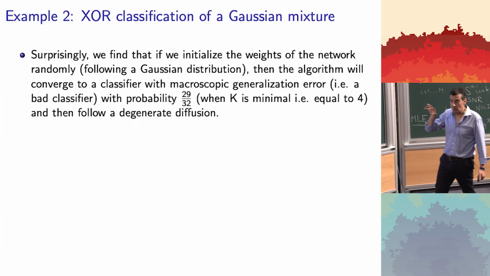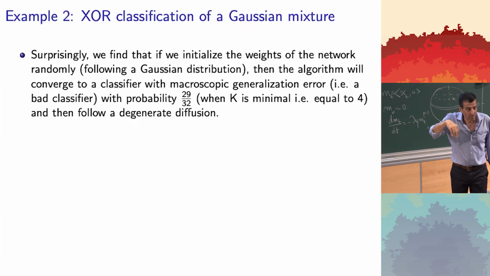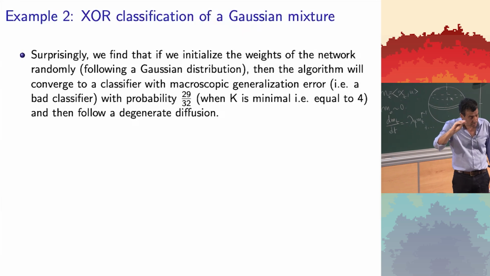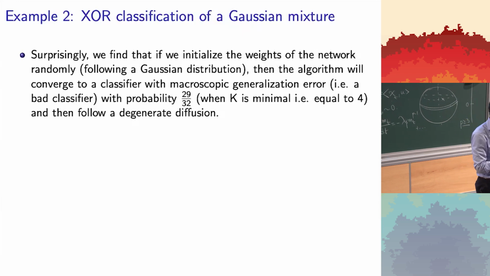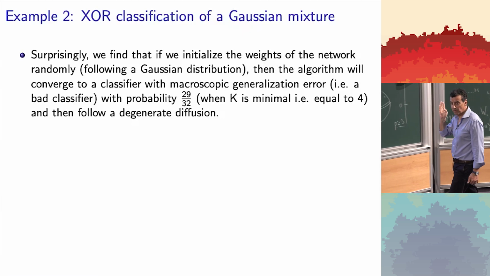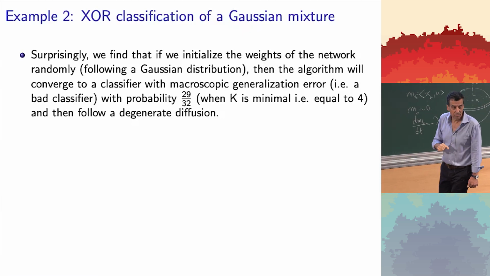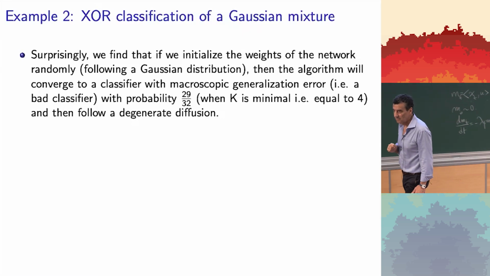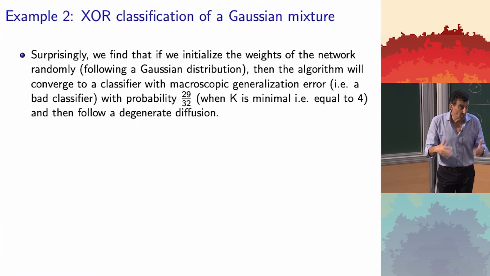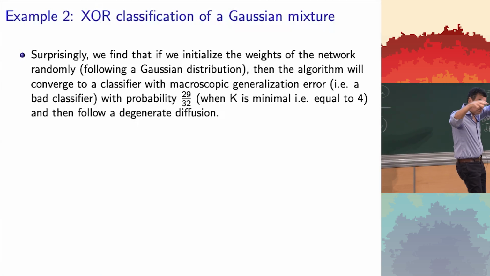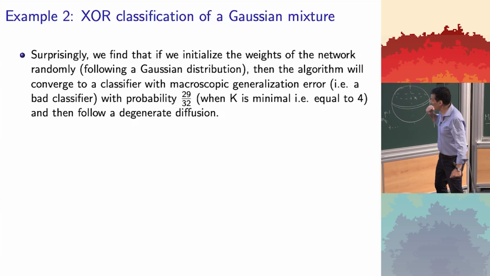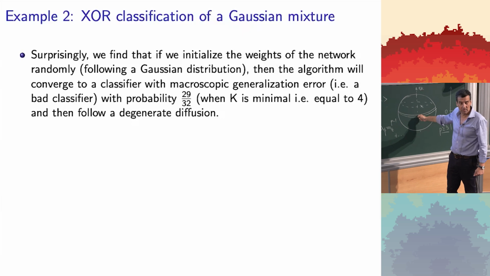And then it will follow a degenerate diffusion, it will just wander around and do nothing good for a long time. Of course, if you wait long enough, it might escape this thing. Okay? Which means that the system works with probability 3 out of 32. Because of this complexity of the limiting dynamical system. So what happens is you have this crazy system in dimension whatever, 13, and then when you start at random, now here, when we started at random, we had one bad region, right?